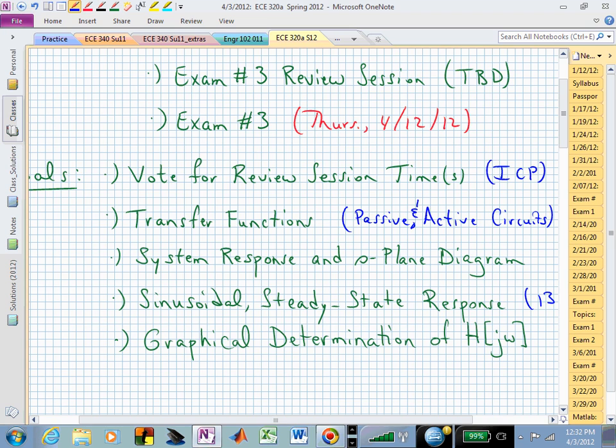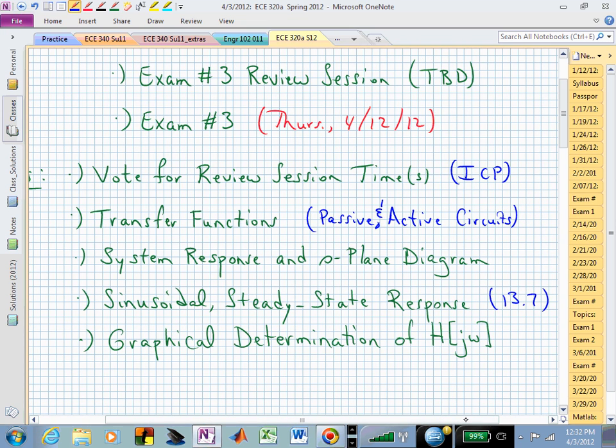We will then talk about system responses and the S-plane diagram, or where the poles live in your S-plane and how that relates to the system response. That discussion will transition us into finding sinusoidal steady state response if you're given a transfer function. Meaning you don't have to necessarily find the complete response in order to determine the sinusoidal steady state response.